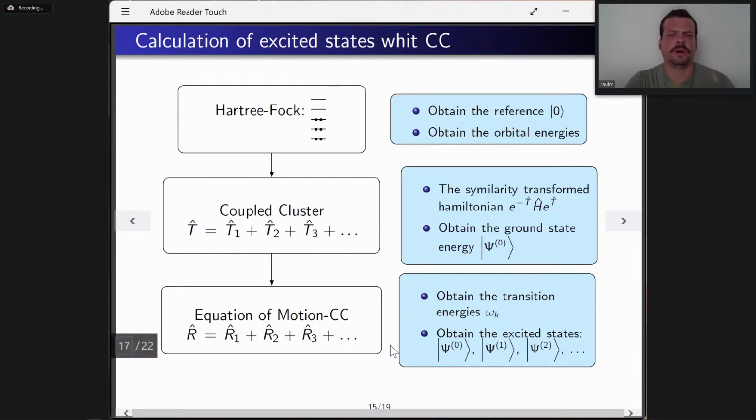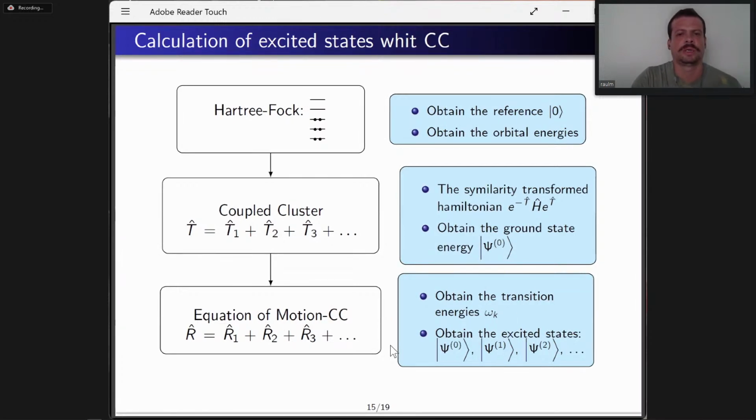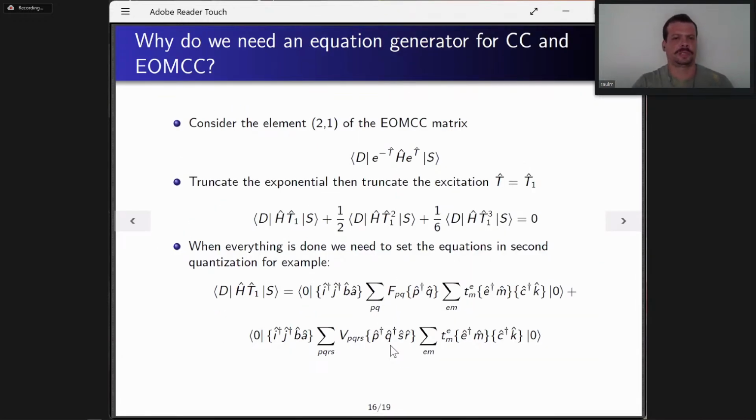But okay, I haven't answered yet: why do we need to use a program to generate these equations? So I prepared a small example. This element here will correspond to the 2,1 element of the equation of motion matrix.